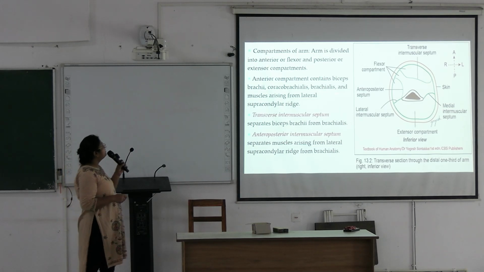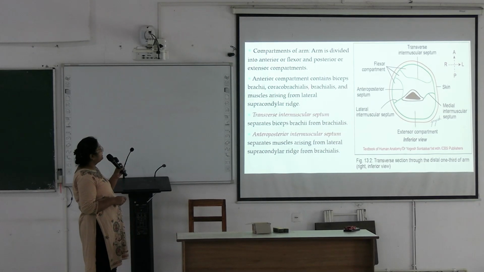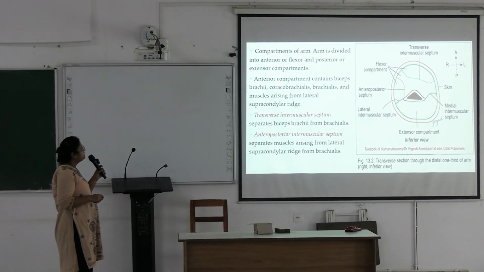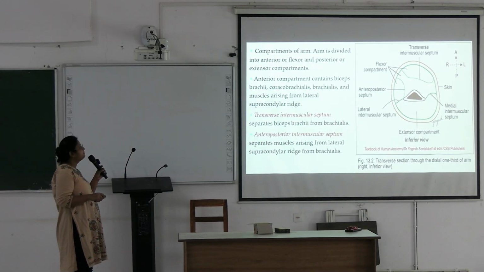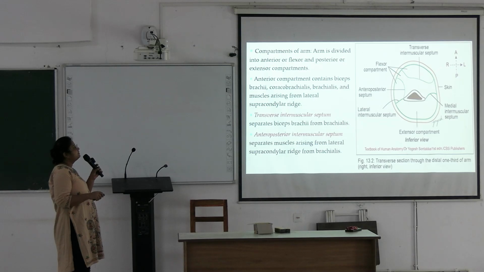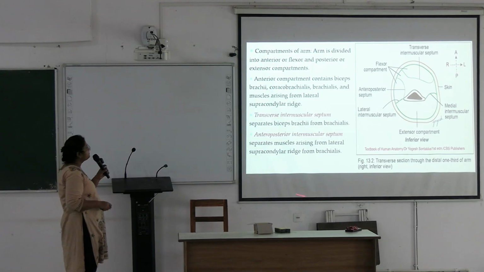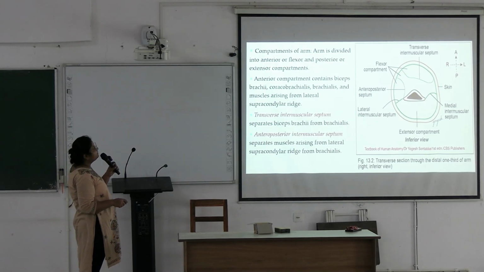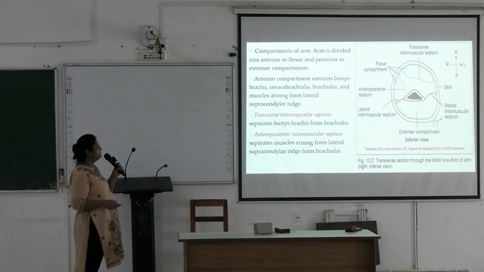The anterior compartment contains these muscles: biceps brachii, coracobrachialis, brachialis, and the muscles arising from the lateral supracondylar ridge. A transverse intermuscular septum separates the biceps from the brachialis here. Superficial portion is biceps and deep portion will be the brachialis. Here will be the coracobrachialis. This part is formed by the coracobrachialis, medial part.